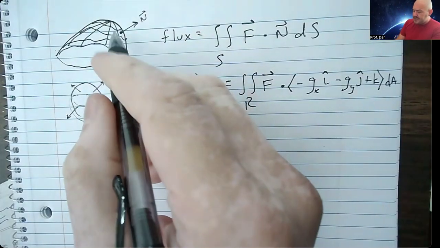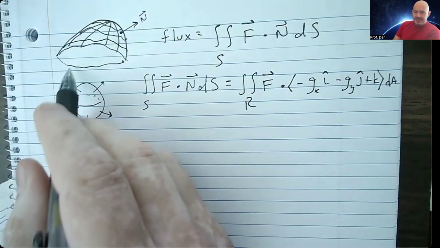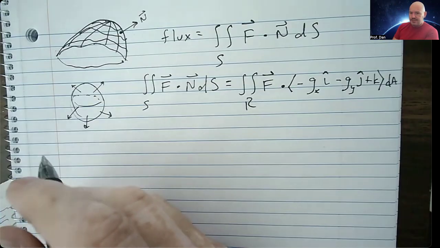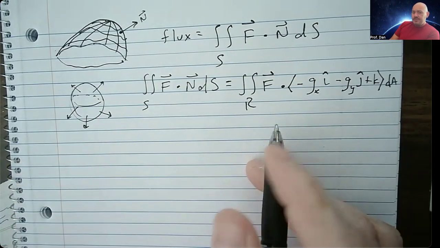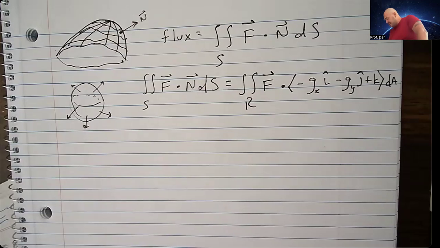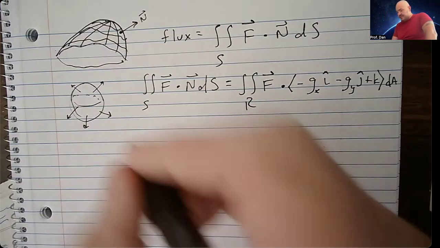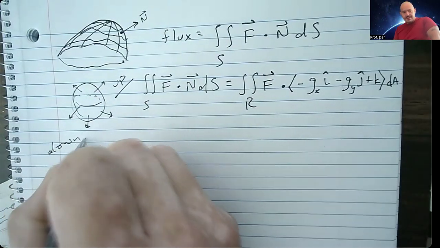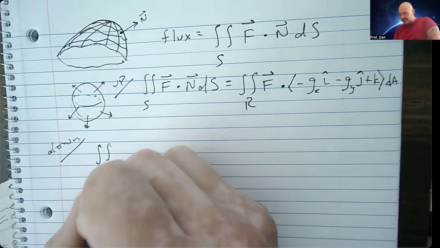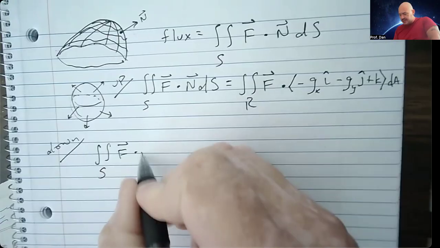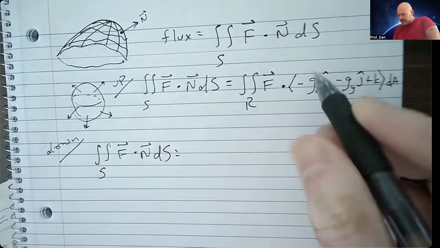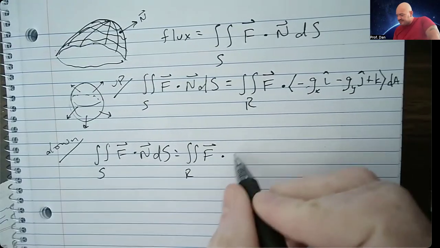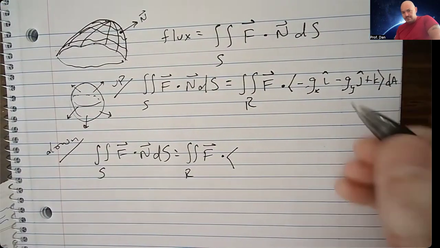So there's a difference between surfaces that are oriented upward and surfaces that are oriented downward. That's usually going to be given to you in the problem, and really the only difference between upward and downward is a sign. So this is upward. If you have a downward oriented surface, then your flux is defined by this surface integral, same thing. The only difference is that the vector we're dotting with the force is the negative of what we did there.